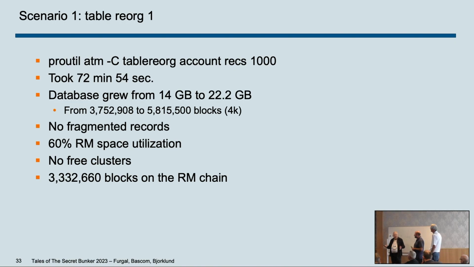It's more than 10 times, but 10 times as many records. So it's not linear. And you'll see in the next experiment an even longer time. So now the database grows from 14 gigs to 22 gigs, not doubled, but still a significant growth. And then 60% space utilization.